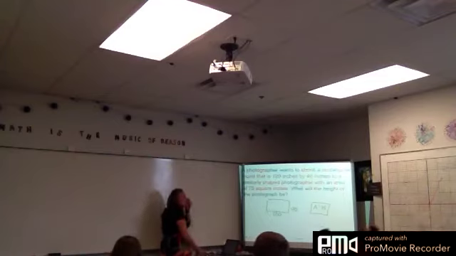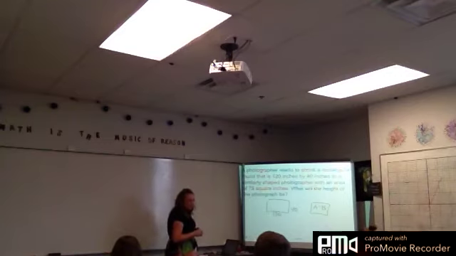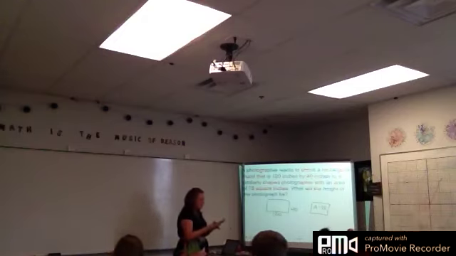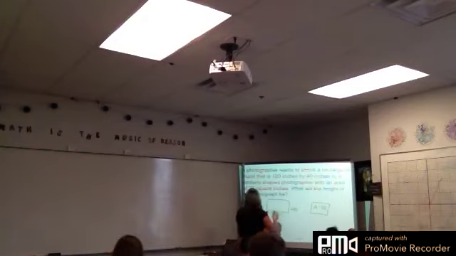Can I figure out what the area is of the original one? How? 40 times 120, so sometimes we just have to use our brain a little. 40 times 120. This area is 4,800, right?